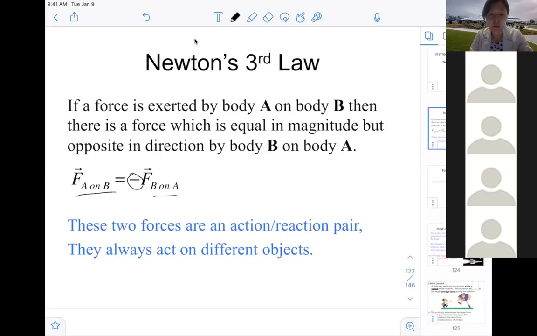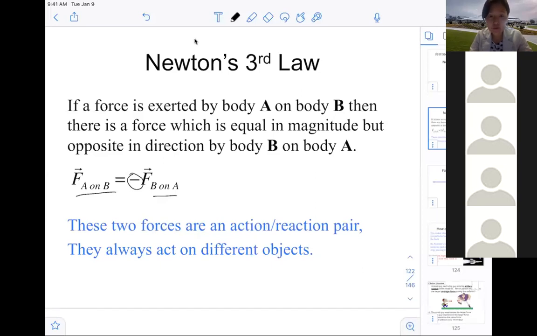For example, if I push the wall, me exerting a force on the wall, Newton's third law will say that the wall at the same time exerts a force on me that is opposite in the direction I'm pushing, but equal in magnitude. So if I push the wall harder, the wall will push back on me harder, but just in the opposite direction. So that's Newton's third law.